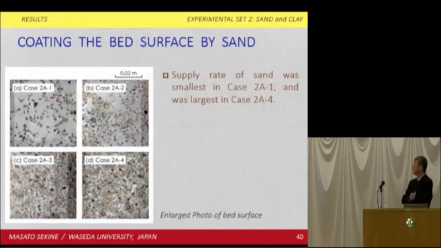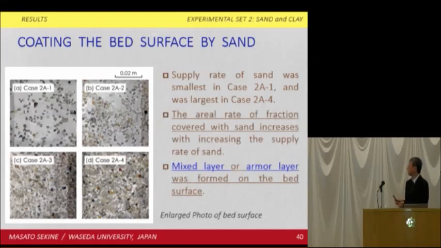Here is another 4 photographs, enlarged photographs of the bed surface. Supply rate of sand was smallest in this case, and more sand supplied in this one, and in this case, supply rate is maximum. As is seen, the area fraction covered with sand increases with increasing supply rate of sand. Mixed layer or armored layer was formed on the bed.